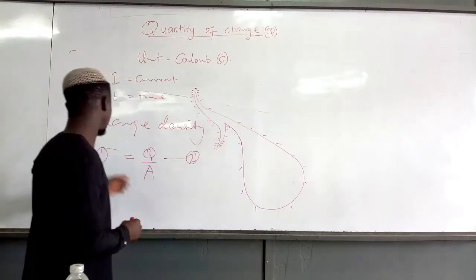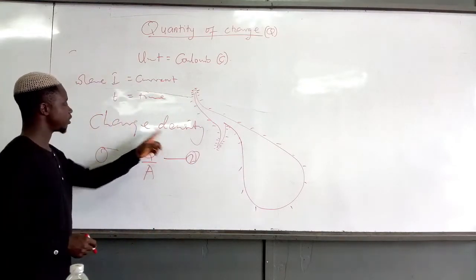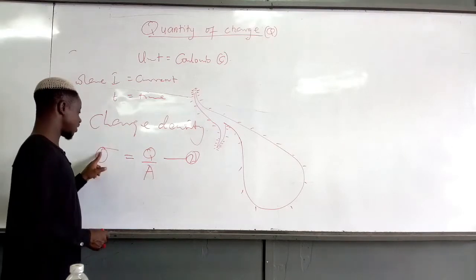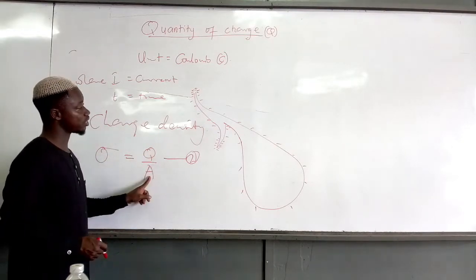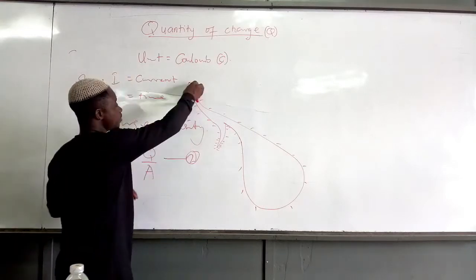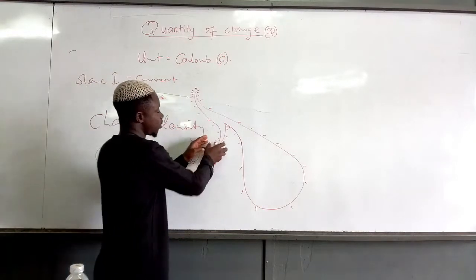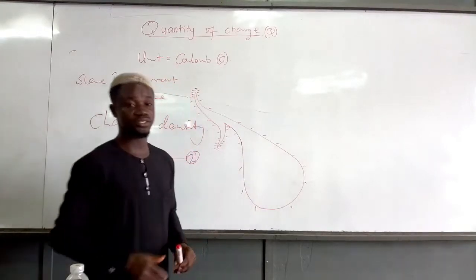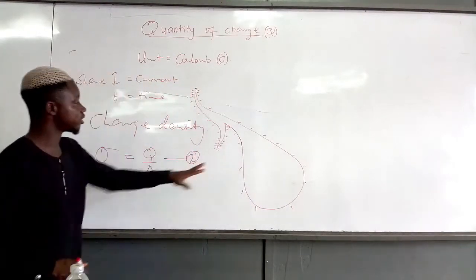From the charge density principle, we realize that the charge density is the quantity of charge per unit area. So the smaller the area, the higher the number of charges. The bigger the area, the smaller the number of charges. That is what we mean by charge distribution.